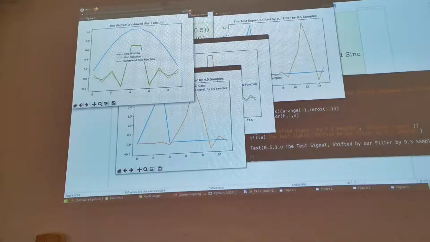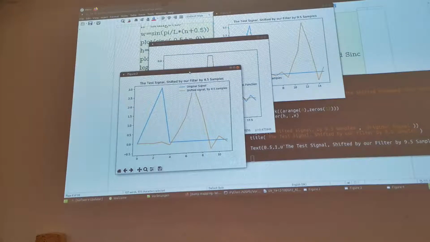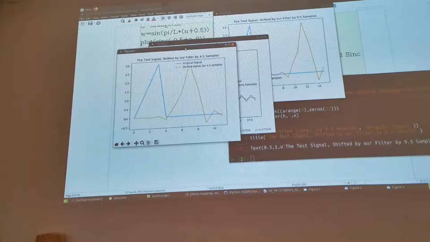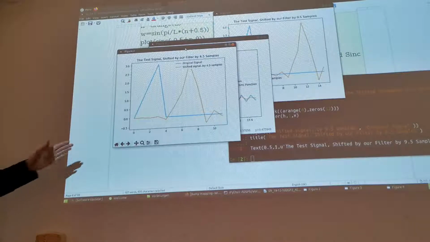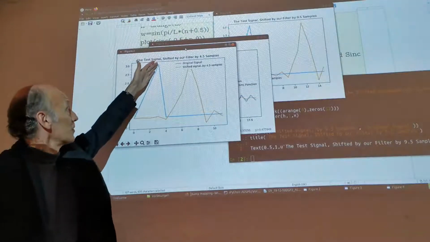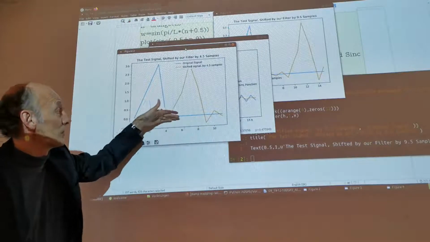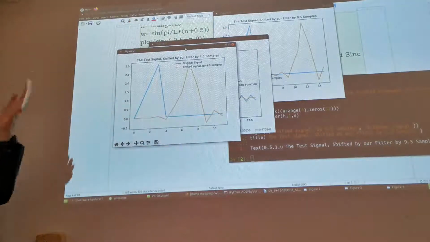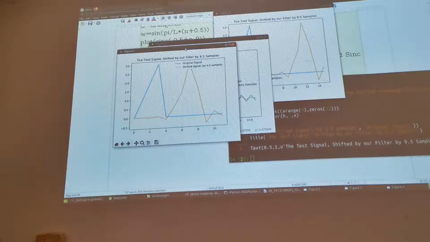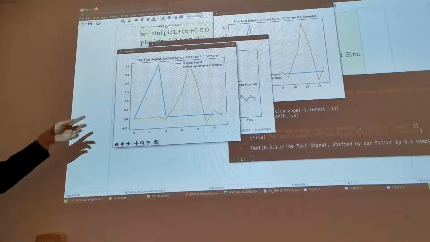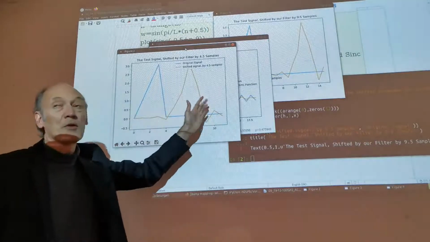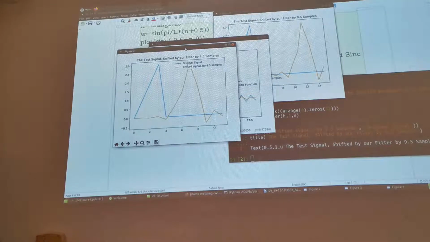Right. So then the next window here is a test signal. The blue is a ramp function as a test signal, which then flips back to 0. This makes it easier to see that we have a correct shift. I could also take a sinusoid as an input, which is actually easier to shift, but here it's easier to see that we get the correct shift, and it's also easier to see that we get artifacts.